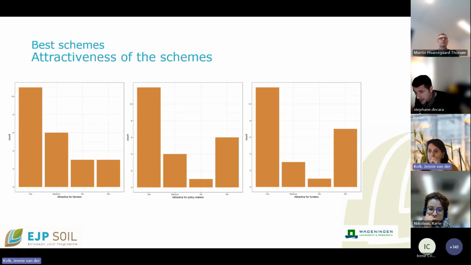Here you see the attractiveness for farmers, for policymakers, and for the funders. There's hardly any scheme that's not attractive for the farmers, and that's the same for the policymakers and for the funders.